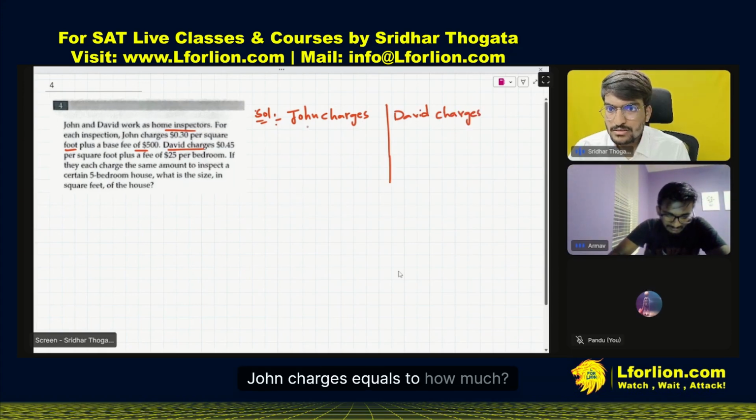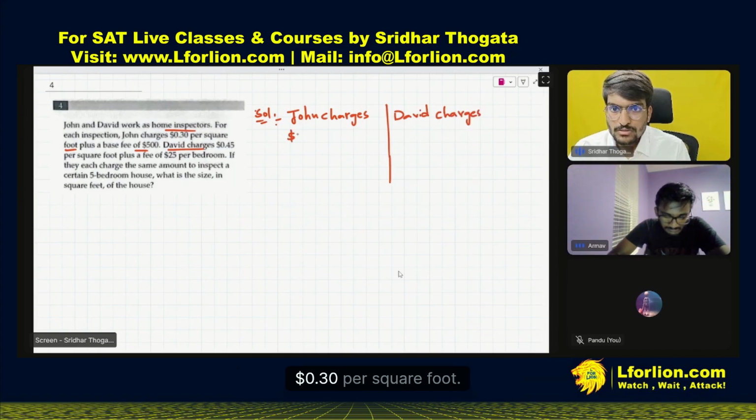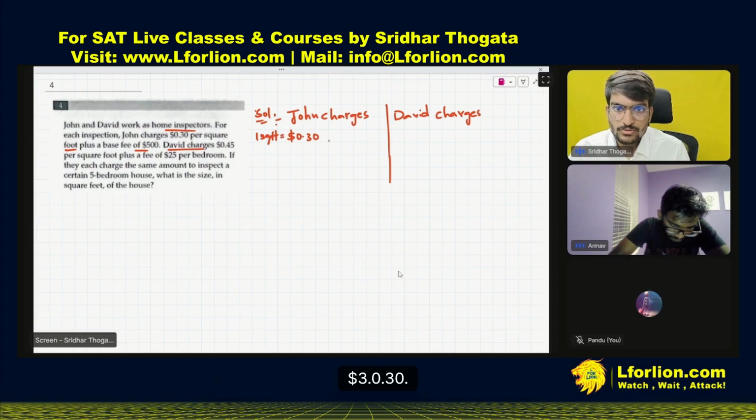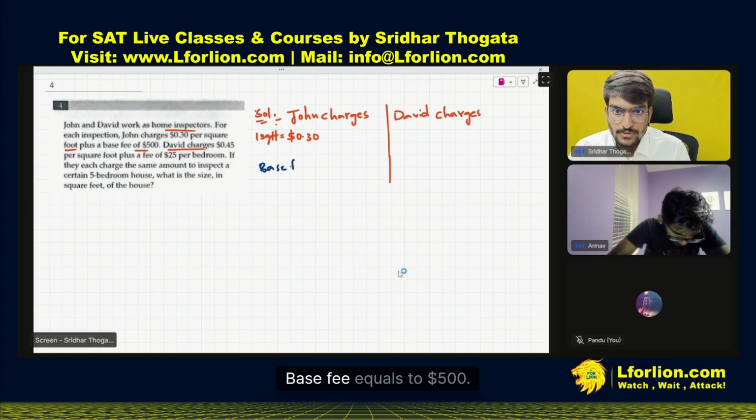John charges equals to how much? $0.30 per square foot. I'll just write 1 square foot equals to $0.30. And his base fee equals to $500.